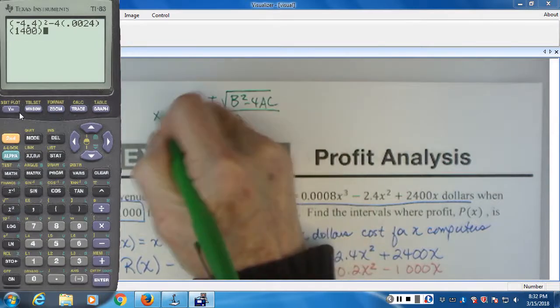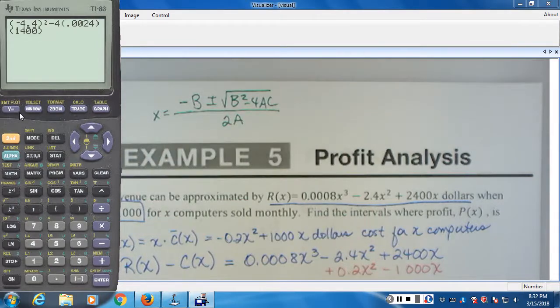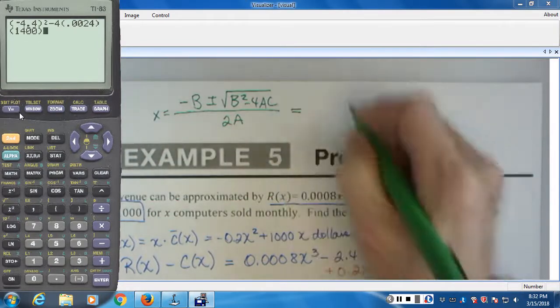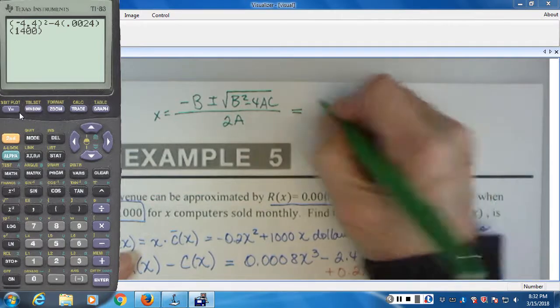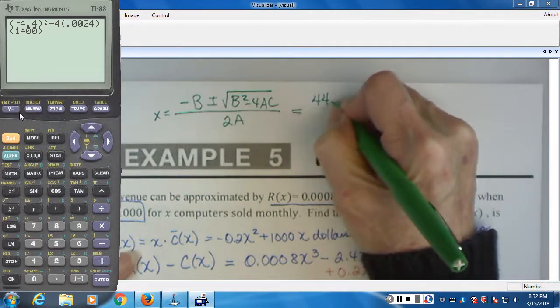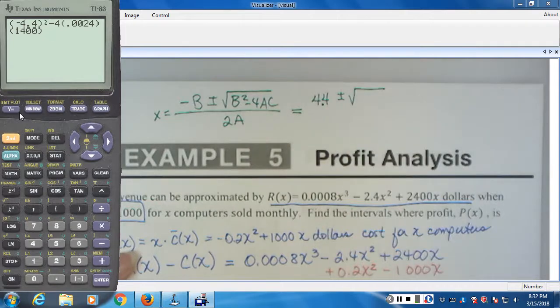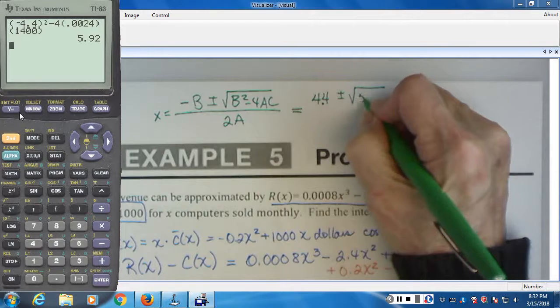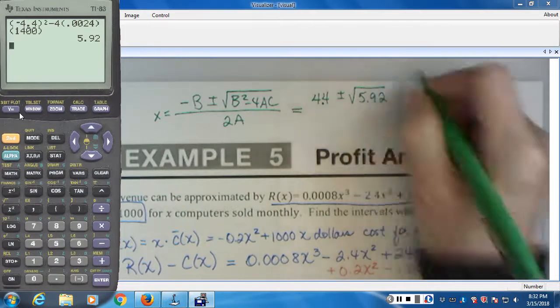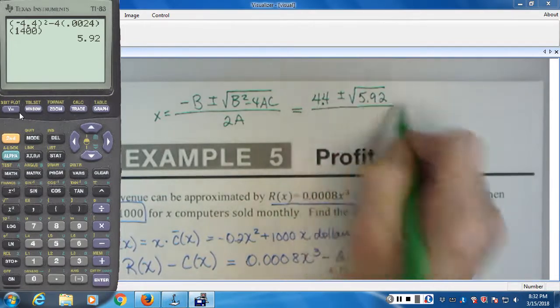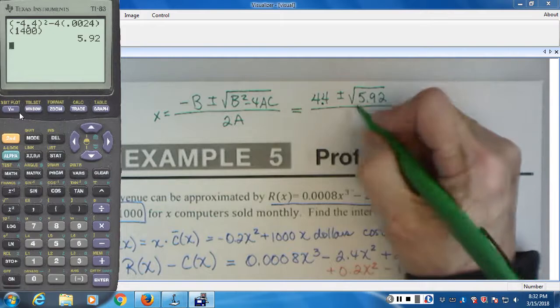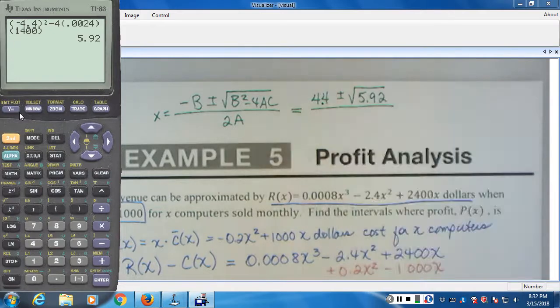This is going to give us the value of x. So the opposite of B was positive 4.4, plus or minus the square root of whatever this is. That's 5.92. Over 2 times A, and 2 times 0.0024 is 0.0048.